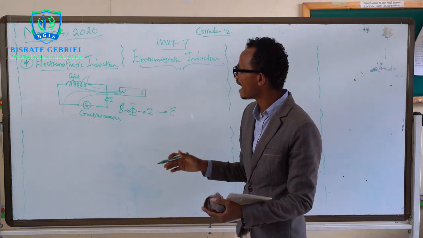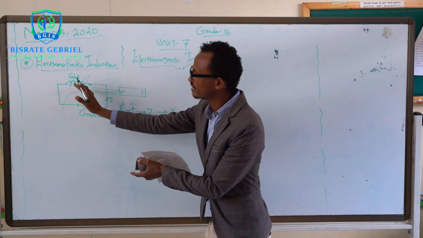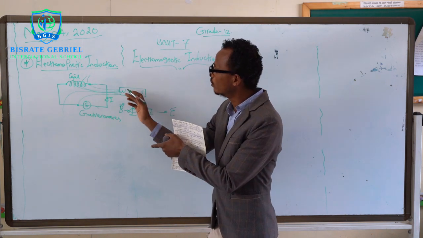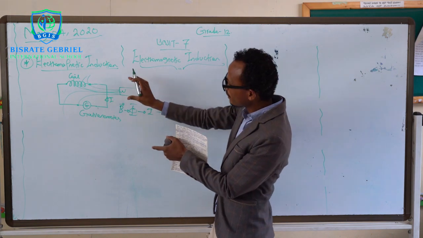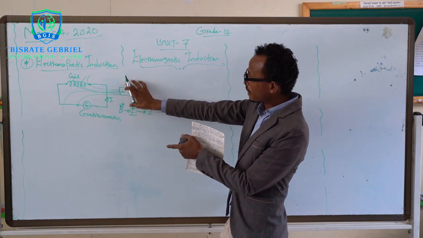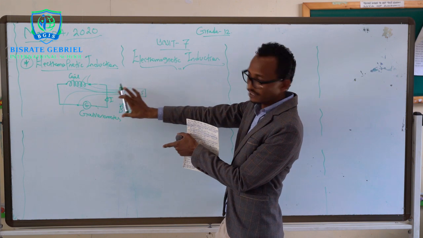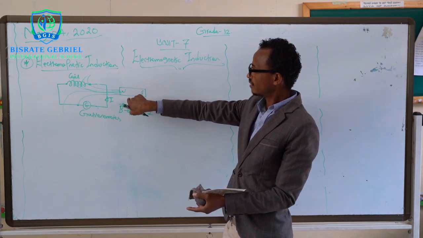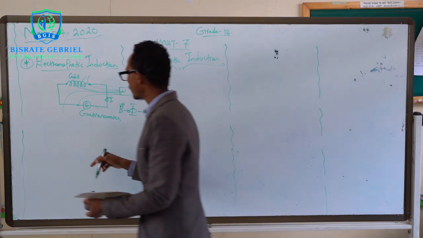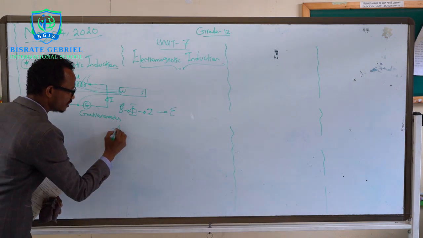That means now let's try to keep the circuit stationary and try to move the north pole of a magnet towards it. Or let's try to keep the permanent magnet stationary and try to move the circuit towards the permanent magnet. And this produces a change in magnetic field.